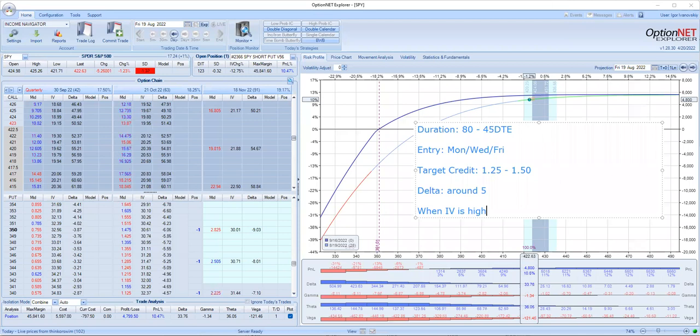So when volatility is high, we get to sell farther out of the money. And when IV is low, we get to sell closer at the money.